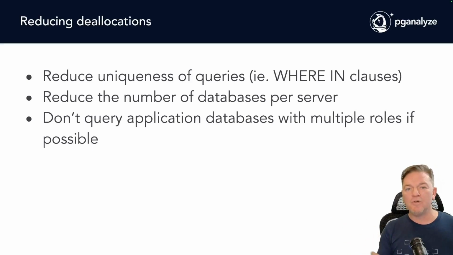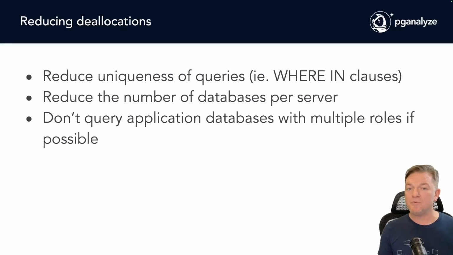Any queries that you are generating through concatenation is another place you can look for reducing the uniqueness from query to query. Second, you can reduce the number of databases per server. Because the pg_stat_statements.max value is a server-wide value, if you have lots of activity across many databases, they're all contending for spots inside of pg_stat_statements.